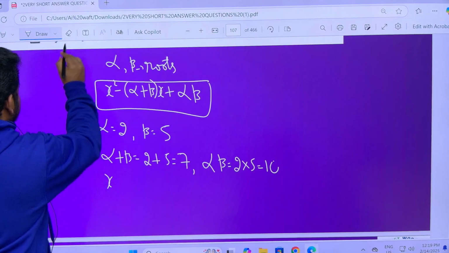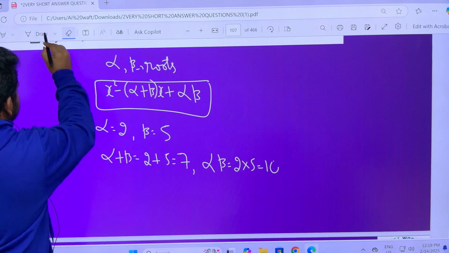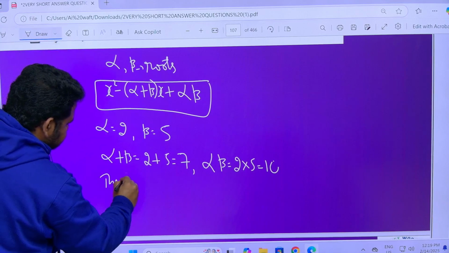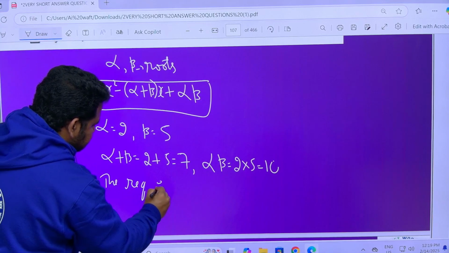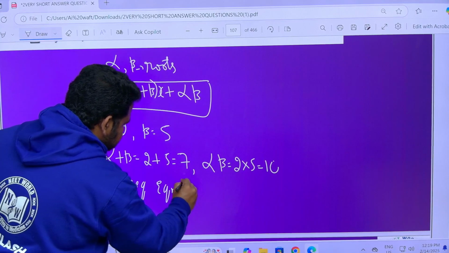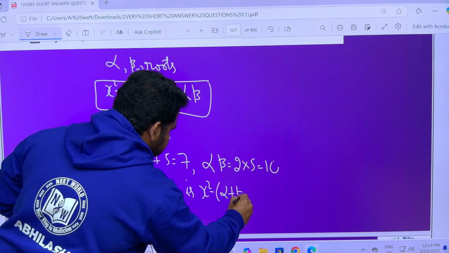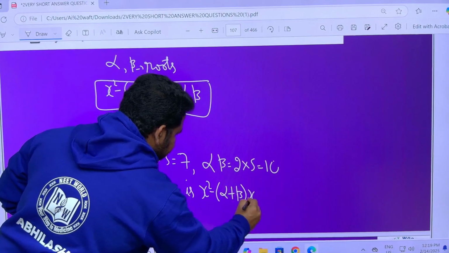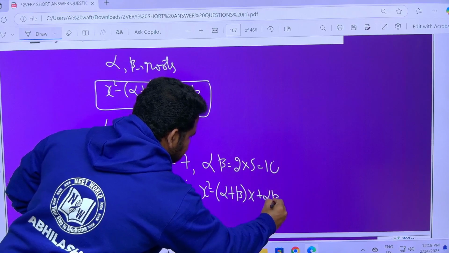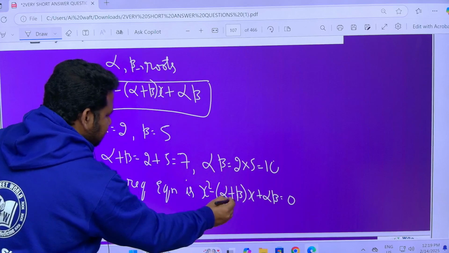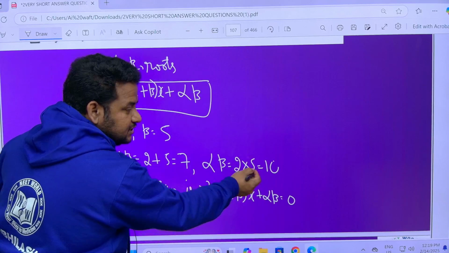So here I should write the required equation is x square minus (alpha plus beta)x plus alpha beta is equal to 0. If I substitute the values, alpha plus beta is 7 and alpha into beta is 10.